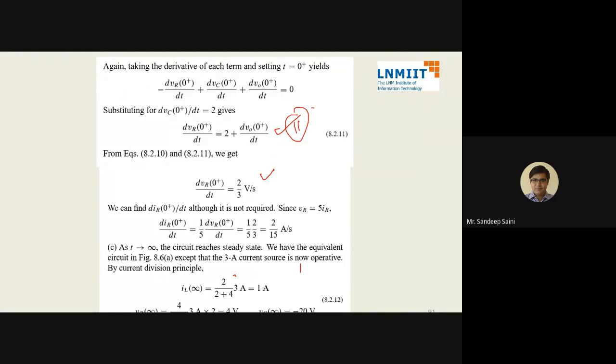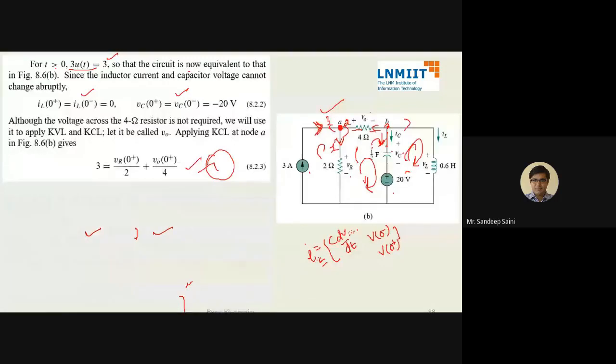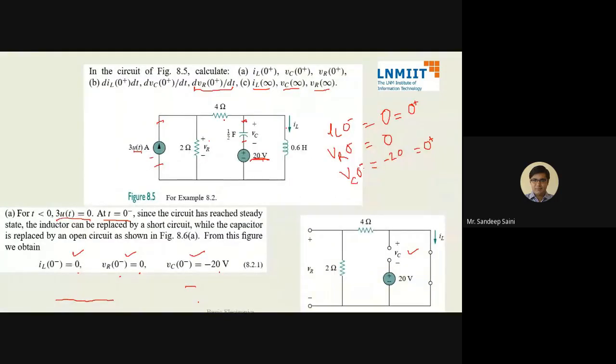You will have to play with the circuit to obtain the values, and there is not a single way to get them. There will always be multiple ways. Infinite values are easy. Once I have this circuit, capacitor will act like an open circuit, inductor will act like a short circuit. Now can you tell me what IL, VC and VR are at infinity?